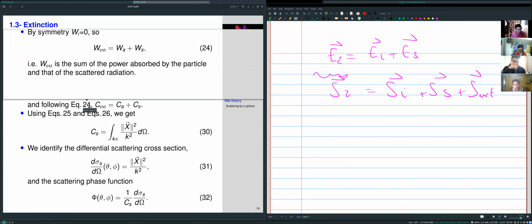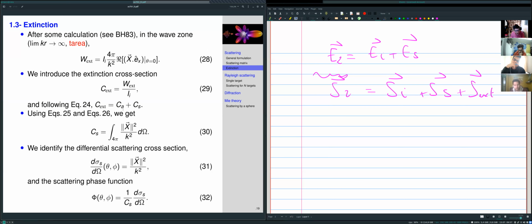Following equation 24, the extinction term is W_A plus the scattered and the absorbed components. So this rings a bell, I guess. The total extinction cross-section is due to the absorbed component and the scattered components. Maybe I should have started with this. It's easier to picture it in this way.